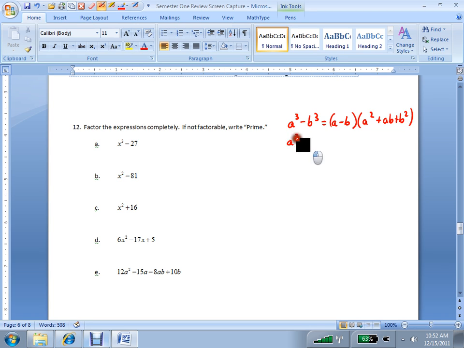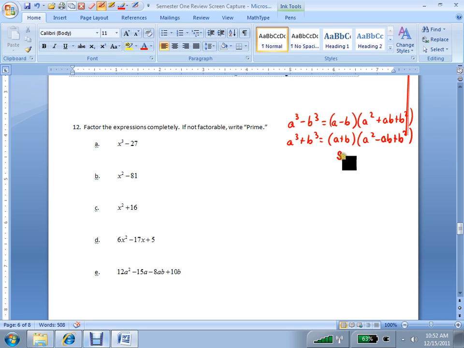And then this would be the one with the sum. So these formulas are exactly the same except for the signs. A convenient way of memorizing the signs would be to call this SOAP.